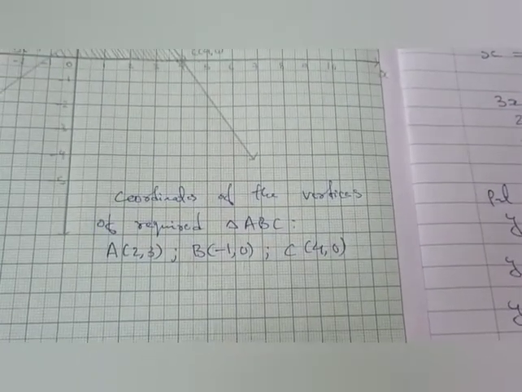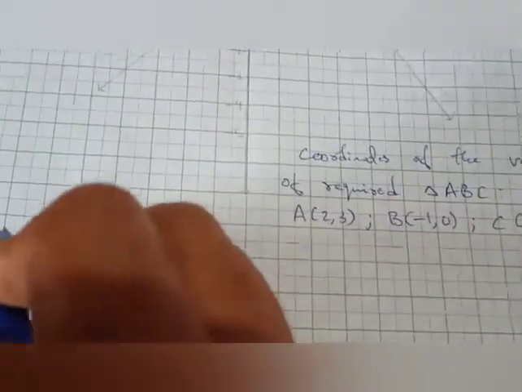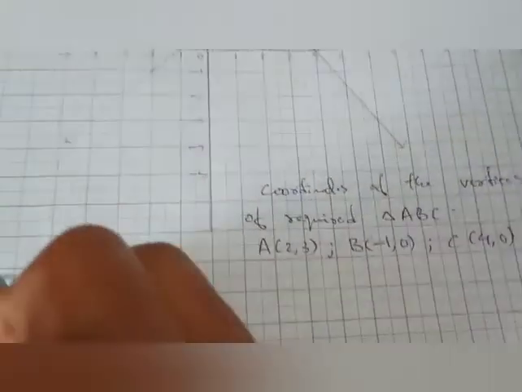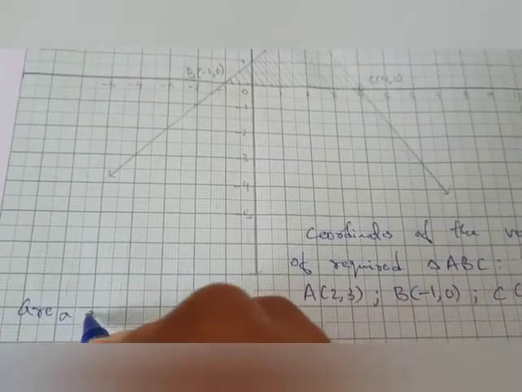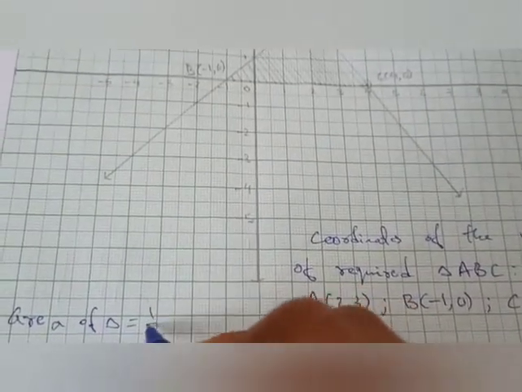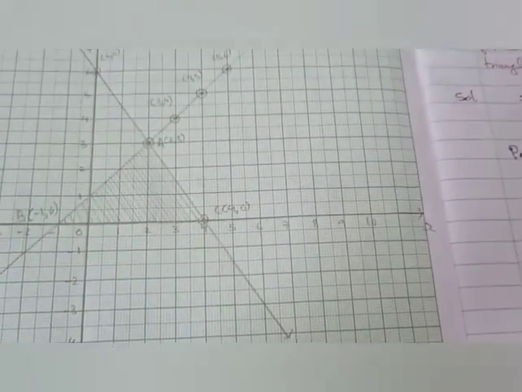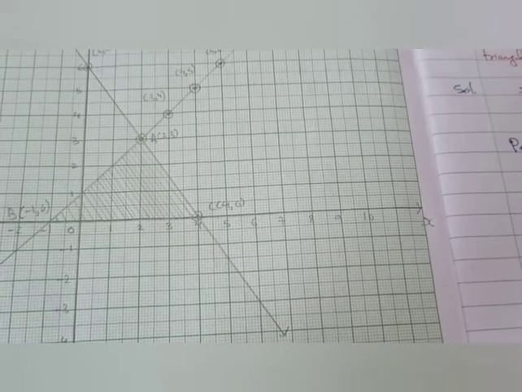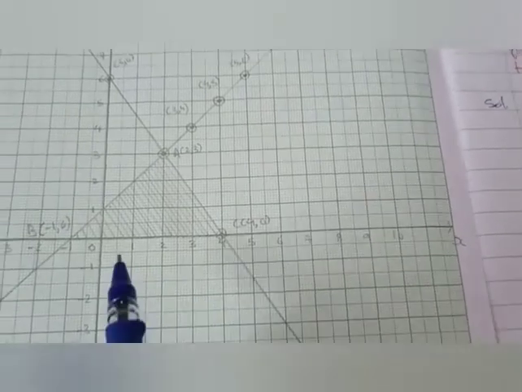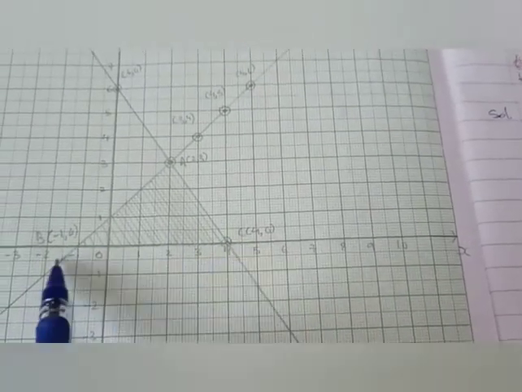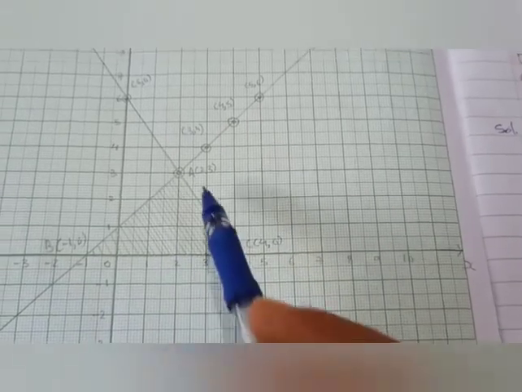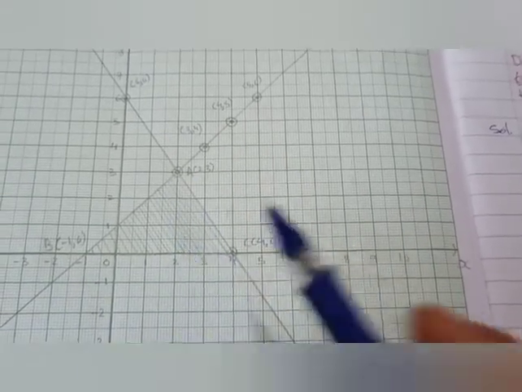Now in order to find the area of the triangle, we will use the formula: area of triangle equals half into base into height. Now in the case of a triangle formed by the lines and the x-axis, the x-axis will be the base and the y-axis will act as the height.